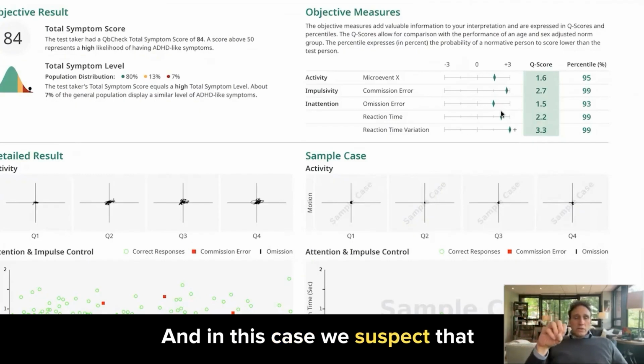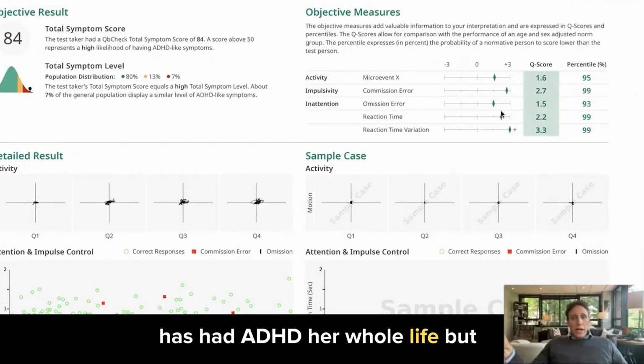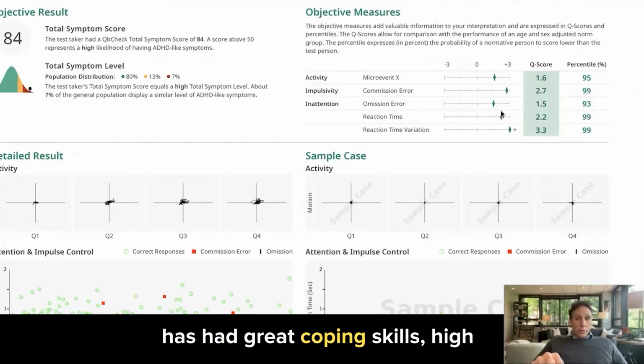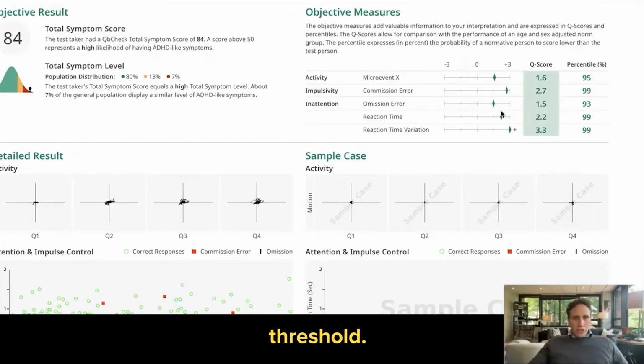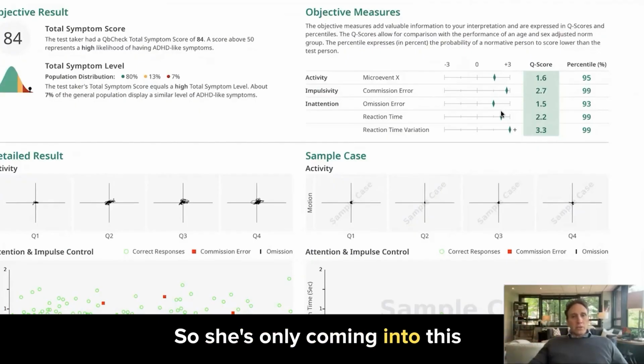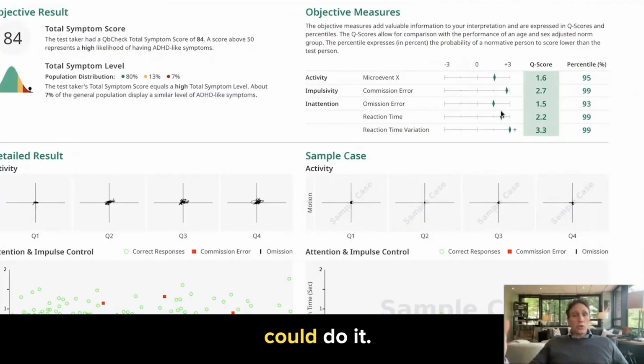And in this case, we suspect that she is somebody who has had ADHD her whole life, but has had great coping skills, high IQ, willingness to work harder, and in many ways, a high pain threshold. So she's only coming into this assessment in her 30s in part because she was willing to work as hard as she had to, and she was able to. She had the high IQ and she could do it.